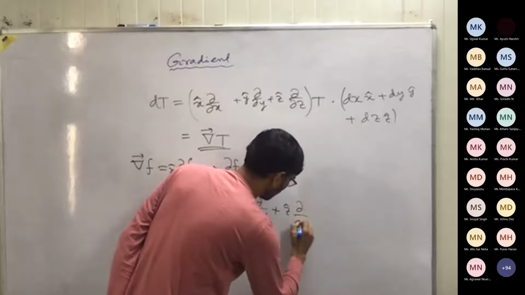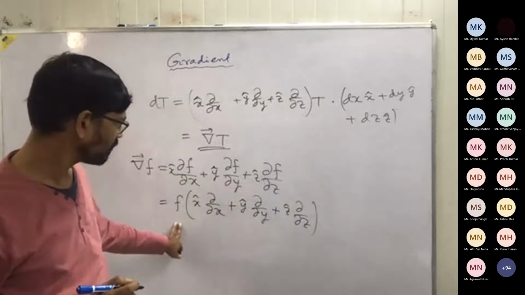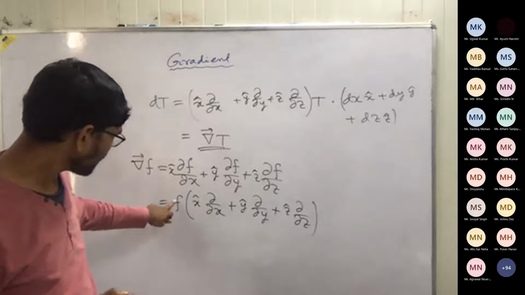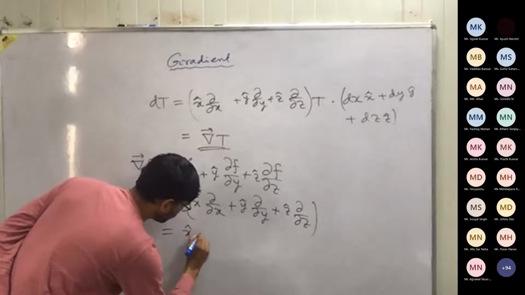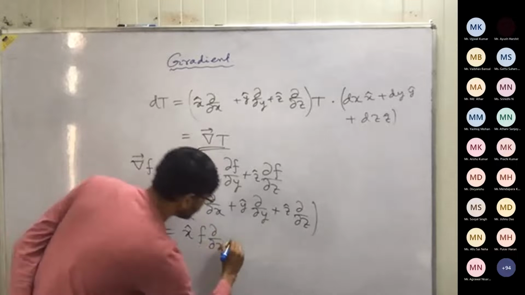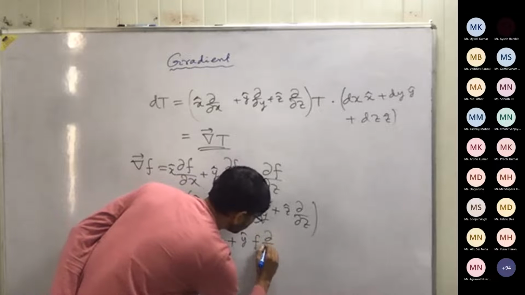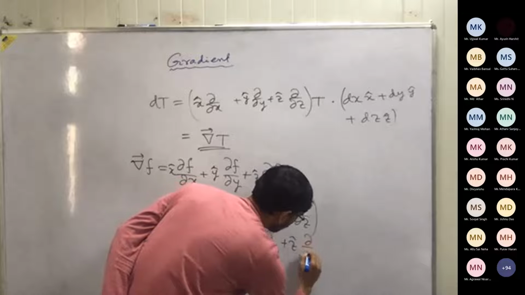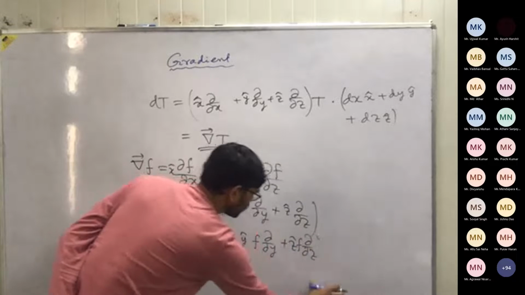You cannot write this thing like this. Here also I took common, but the difference between this one and that one is that here writing f means it is multiplied. This is an operator, the del operator.